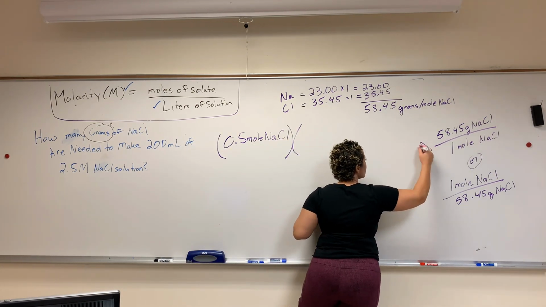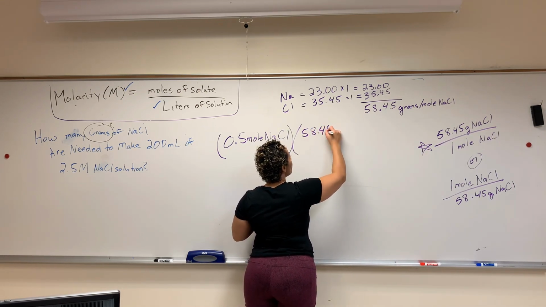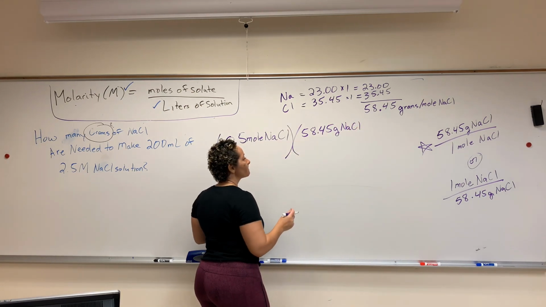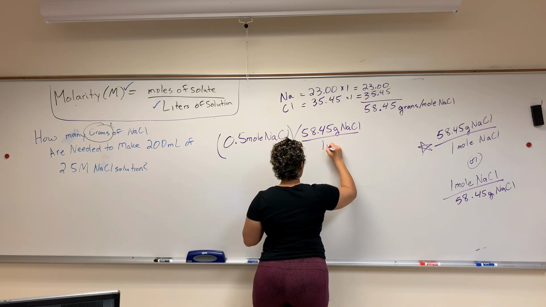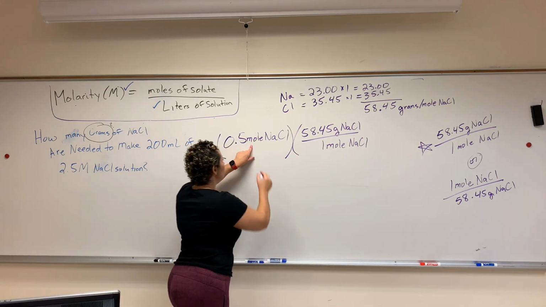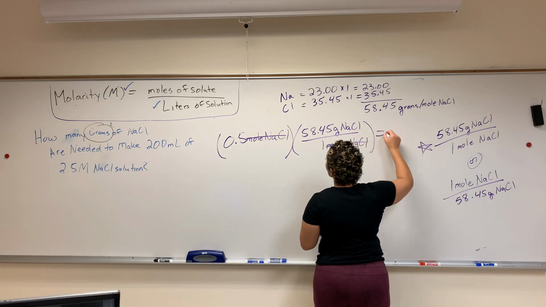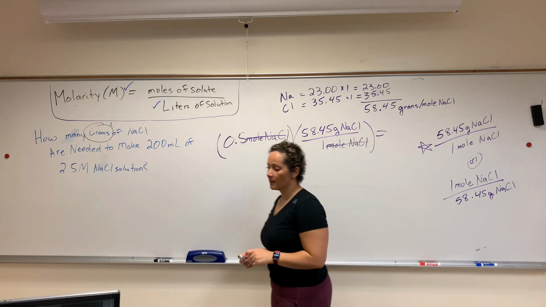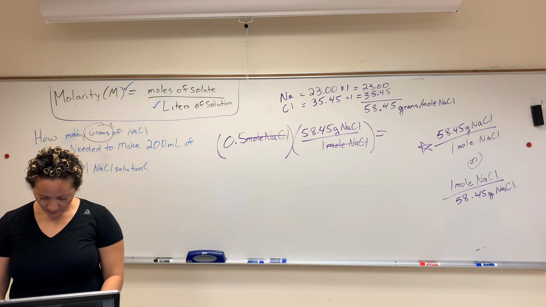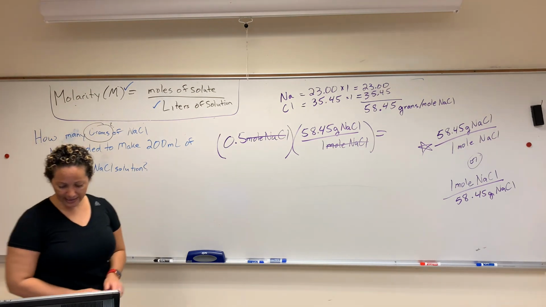We're going to use this one right here: 58.45 grams sodium chloride per 1 mole sodium chloride. Cancel moles of sodium chloride. So 58.45 times a half equals 29.225.